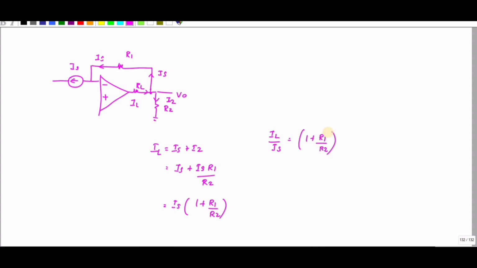Here the load is floating, and you can see the output equation is independent of the load resistance.